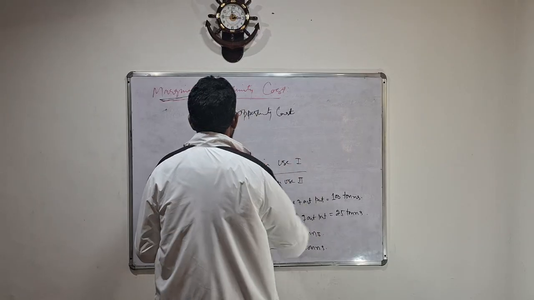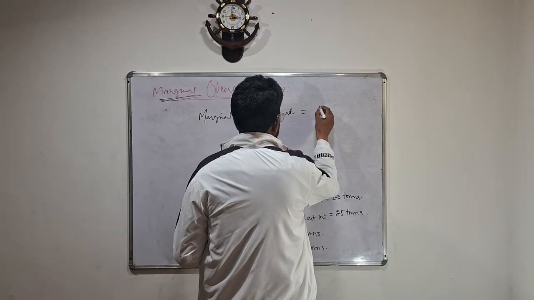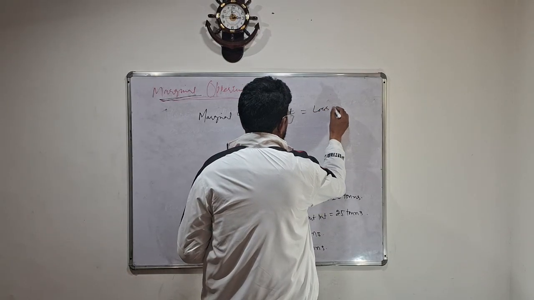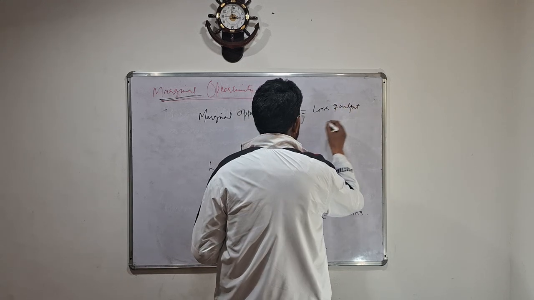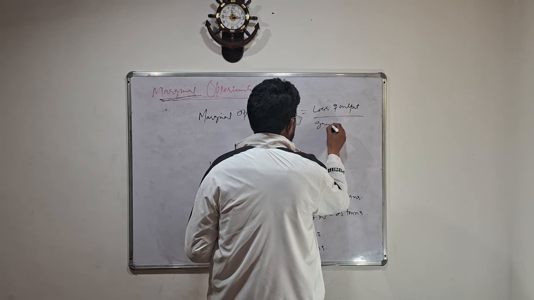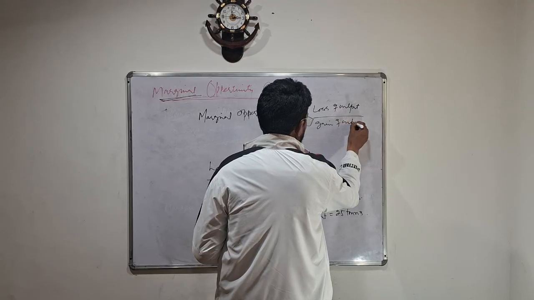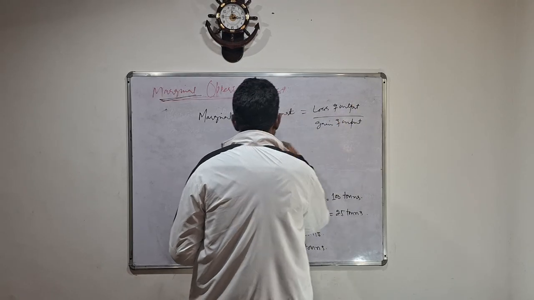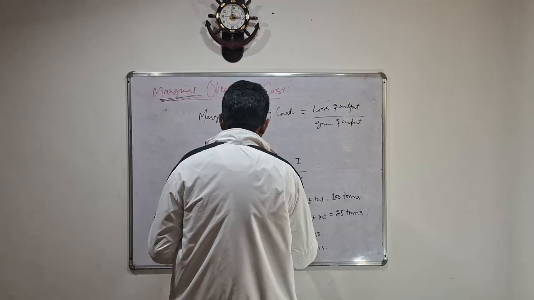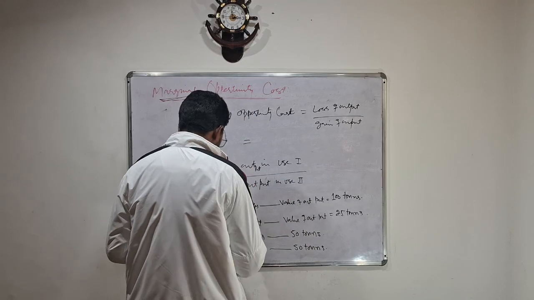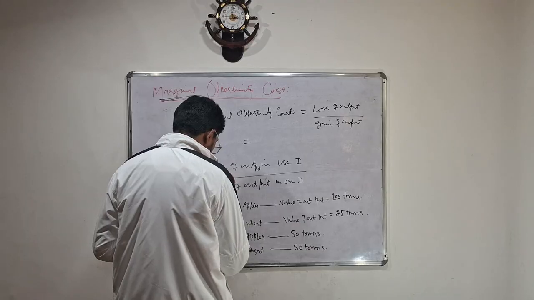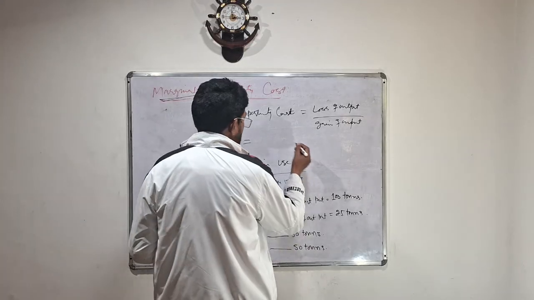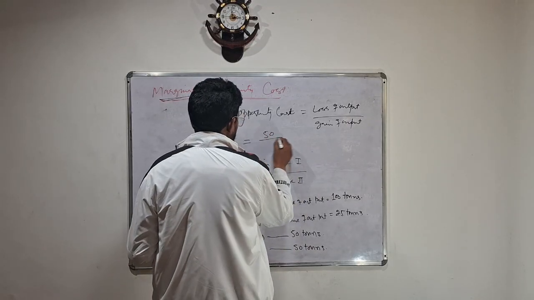Marginal opportunity cost is equal to loss of output divided by gain of output. Initial stage production of apples is 100 units; it has declined to 50, means the difference is 50.